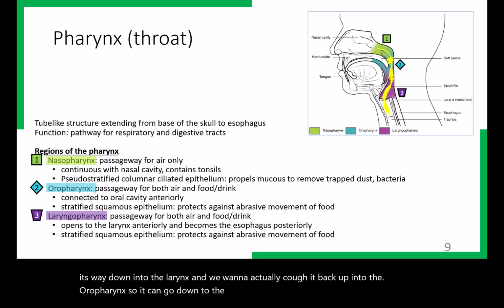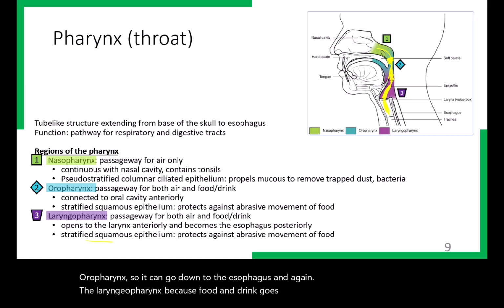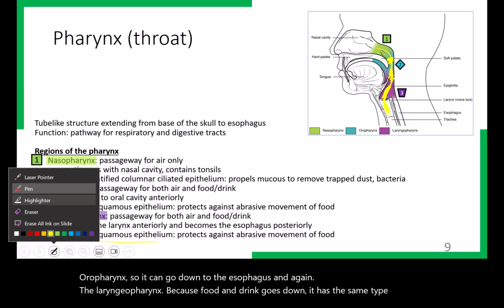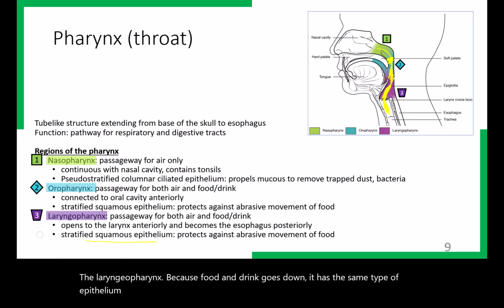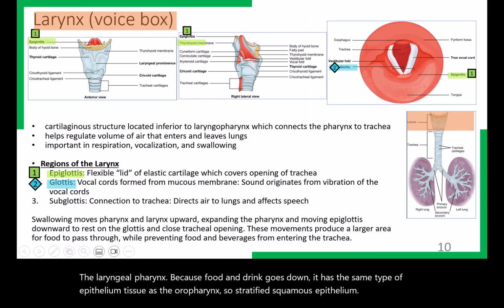And again, the laryngopharynx, because food and drink go down it, has the same type of epithelial tissue as the oropharynx. So stratified squamous epithelium with goblet cells.